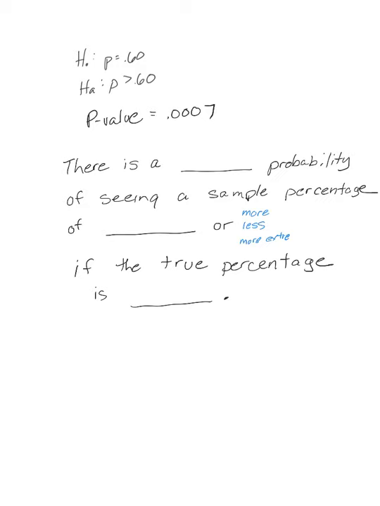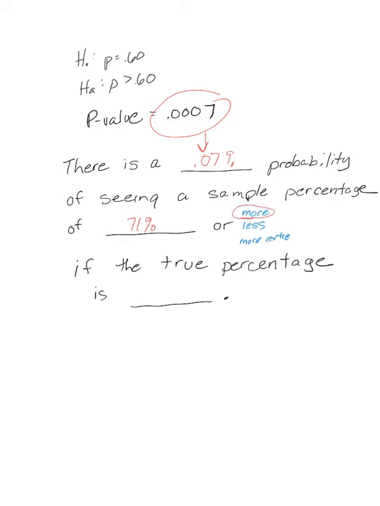So the p-value: there's a 0.07% probability of seeing a sample percentage of, and our sample percentage was 71%. And we were doing a greater than test.